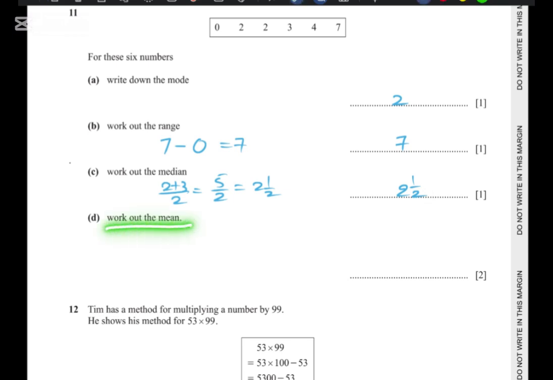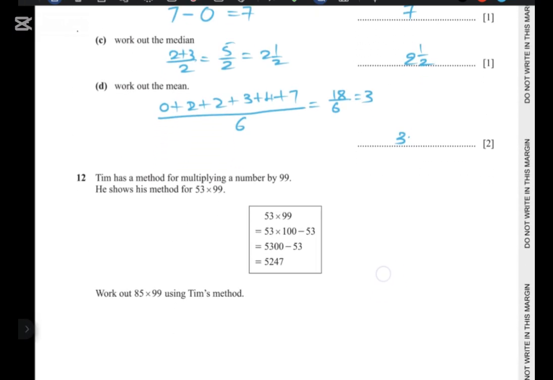Next, work out the mean. Mean is adding all the numbers, 0 plus 2 plus 2 plus 3 plus 4 plus 7 by 6, as there are 1, 2, 3, 4, 5, 6 numbers. 2 plus 2, 4, 4 plus 3, 7, 7 plus 4, 11, 11 plus 7 is 18. 18 by 6 is 3. So mean is 3.